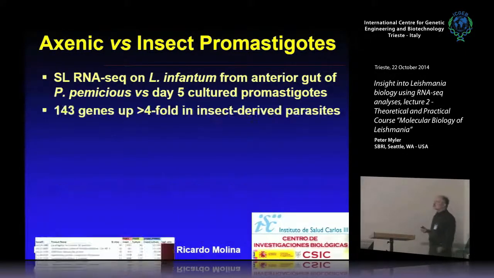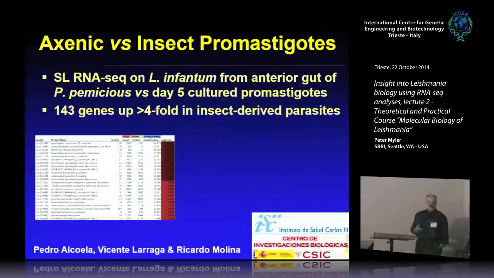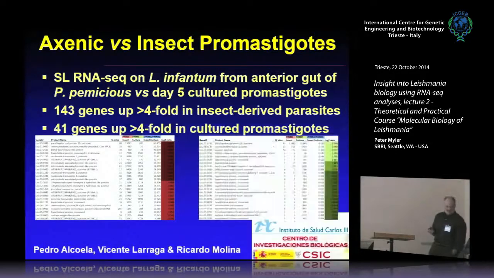When we compared the two, there were a lot of differences, many more than with the amastigotes, between axenic promastigotes and sandfly promastigotes. Remember, these are axenic promastigotes. They're not in their natural environment. These are sort of late logs, so these would be procyclic promastigotes.